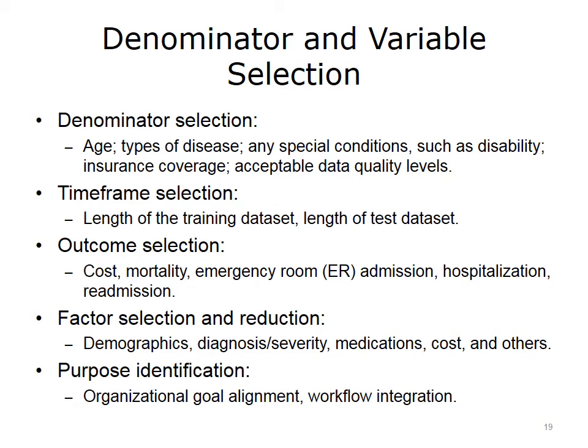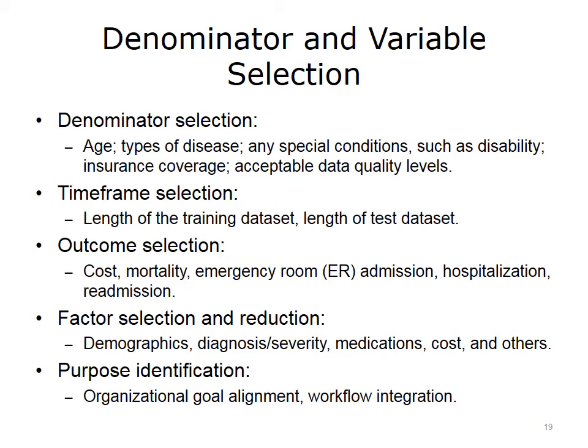Selecting the time frame or length of the training and testing datasets is also complex. Sample questions to answer could be: is 12 months of base dataset enough to represent the variation of factors, such as age, diagnoses, and medications in a given denominator? Or, is 6 months of outcome dataset enough to show the variation of a specific utilization marker for a given denominator?